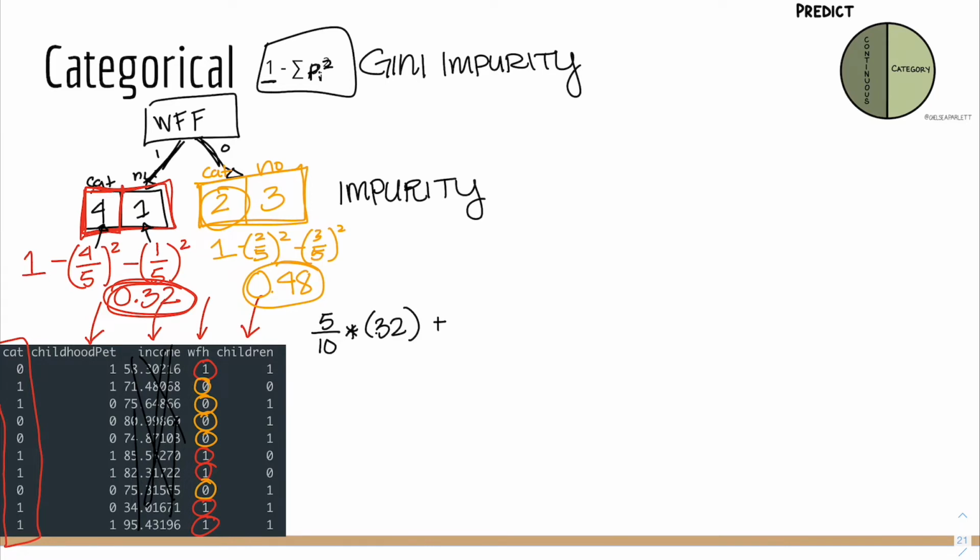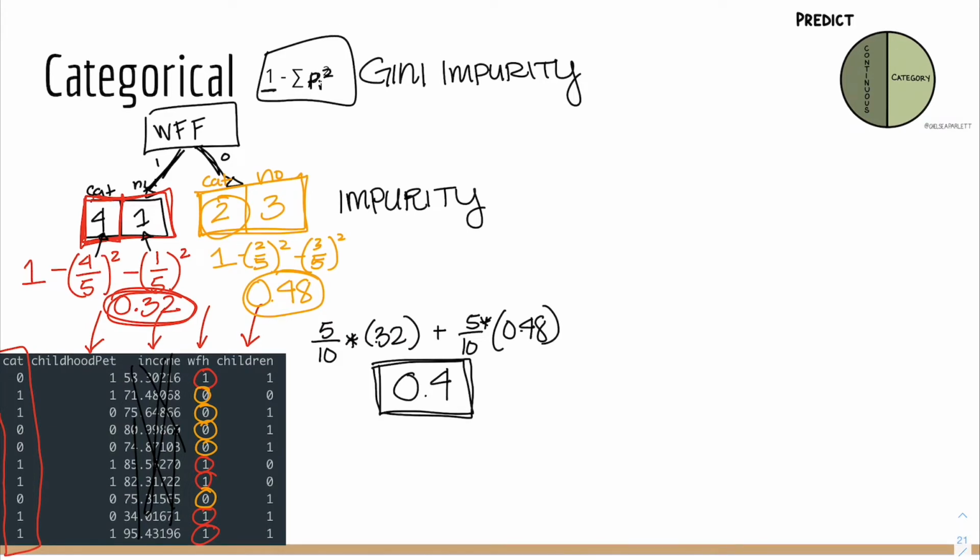And then we're going to add how many are in the right-hand node, 5 over 10, times the impurity for that node, which is 0.48. So this is what we call a weighted average, and when you look at it all together, you get an average impurity of 0.4. So when we split on work from home, we can see that the impurity is 0.4.